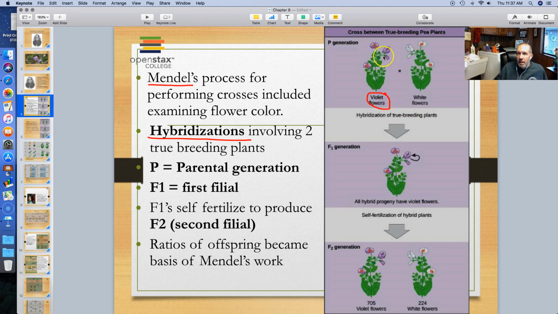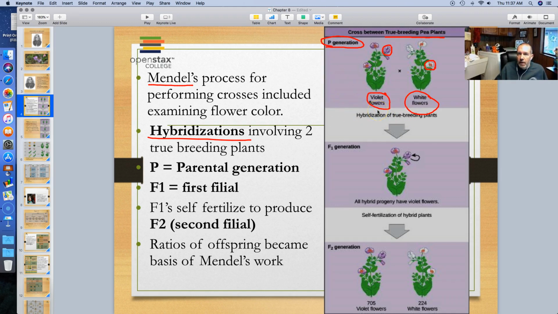So every time this plant bred with another violet colored plant, it would always make violet colored flowers. And so he would breed that type of plant with a true breeding white flowered plant. Again, one that every time you bred this white plant to another white flowered plant, it always made white flowers. So that's kind of a fundamental part of his process, is starting out with true breeding individuals. And so this first generation of these parents would be the P generation, or the parental generation.